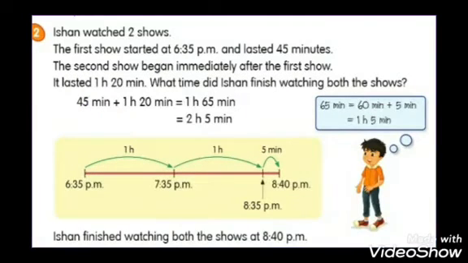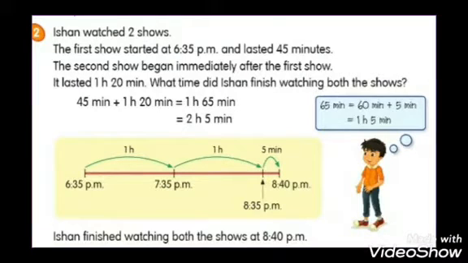Now Ishan watched two shows. The first show started at 6:35 p.m. and lasted 45 minutes. So here start time is given and duration is given. The second show began immediately after the first show. It lasted 1 hour. Again time duration is given, end time is not given. So when start time is given and duration is given and we have to find out the end time, then we are going to add.